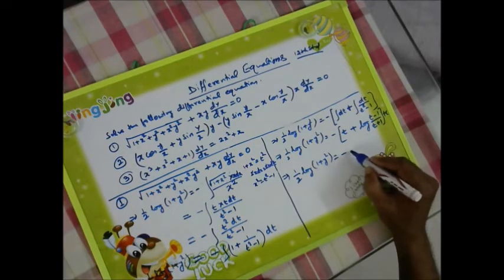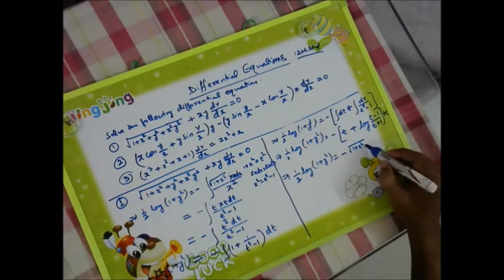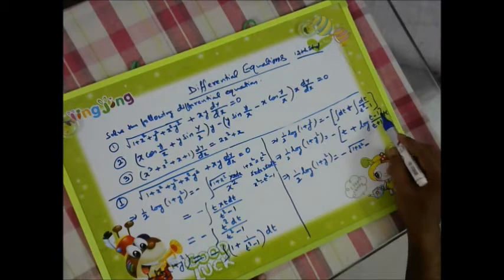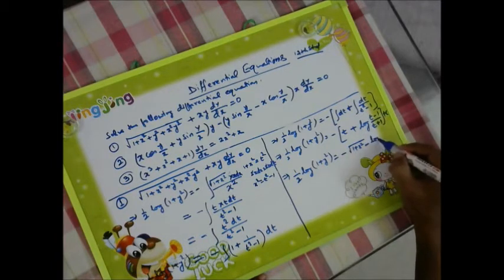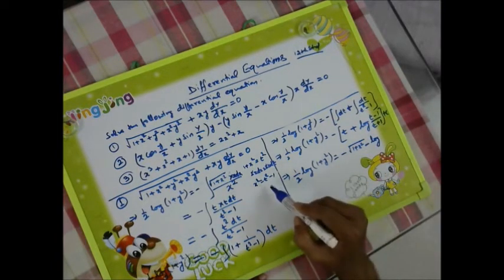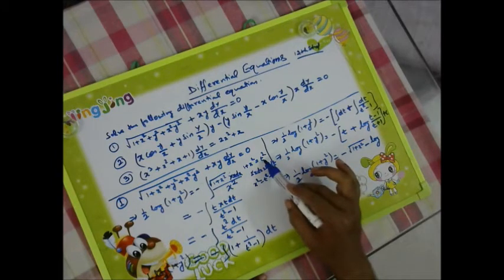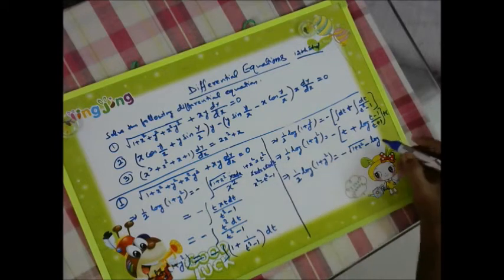So minus whole root 1 plus x square plus or minus log t minus 1 by t plus 1. So t is whole root 1 plus x square, so whole root 1 plus x square minus 1 by whole root 1 plus x square plus 1, and plus c.